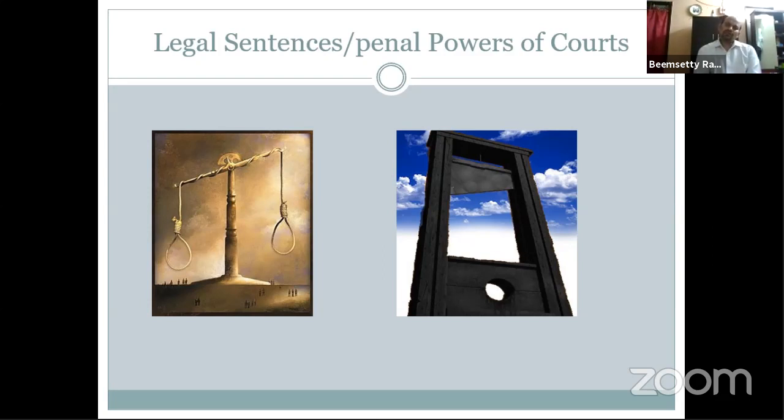Imprisonment power for second class judicial magistrate is 1 year, first class judicial magistrate is 3 years, chief judicial magistrate is 7 years, and assistant sessions court is 10 years. 1, 3, 7, 10, you can remember easily. And what is the fine amount? Just remember 5,000 and 10,000.